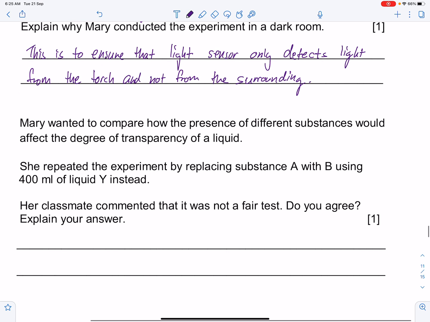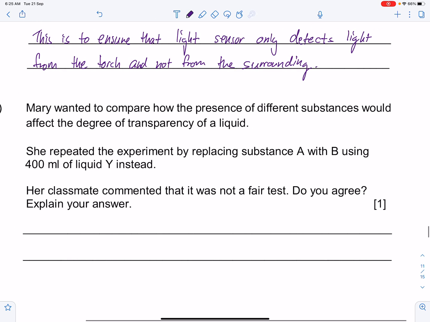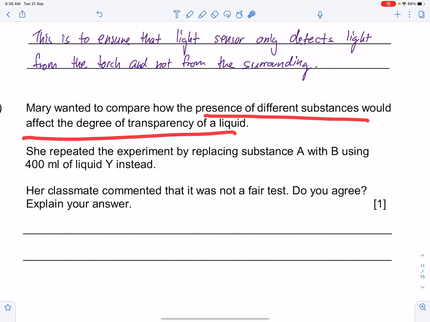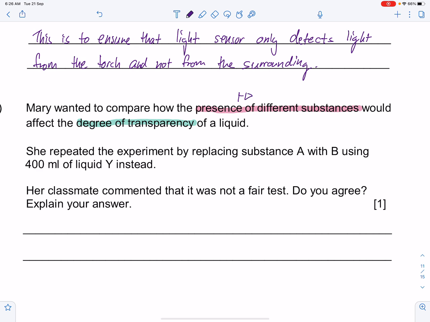Okay. Next, Mary wanted to compare how the presence of different substances would affect the degree of transparency of a liquid. So highlight keywords, different substances, and degree of transparency. So essentially this is your change variable, and this is your measured variable.